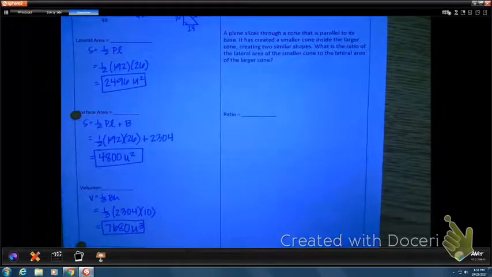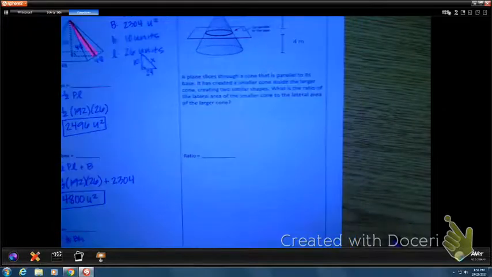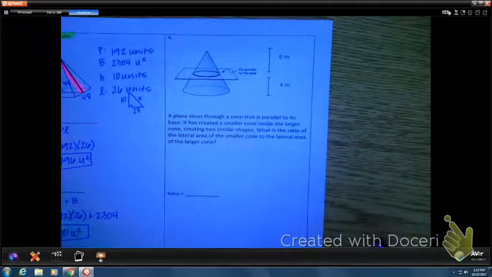All right, so we've gotten practice now doing the lateral area, surface area, and volume of pyramids and cones on our own, as well as together. So now let's look at number 4. Number 4 is a CBA-like problem, so make sure that you're paying attention. Maybe star this, circle it, whatever you need to do.